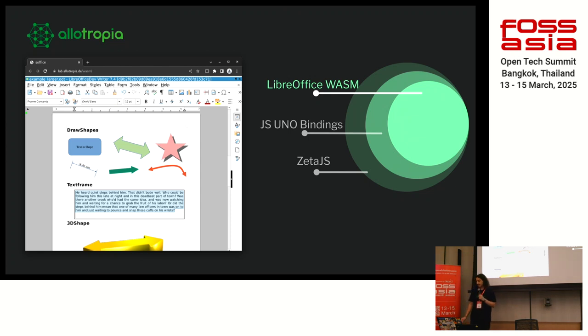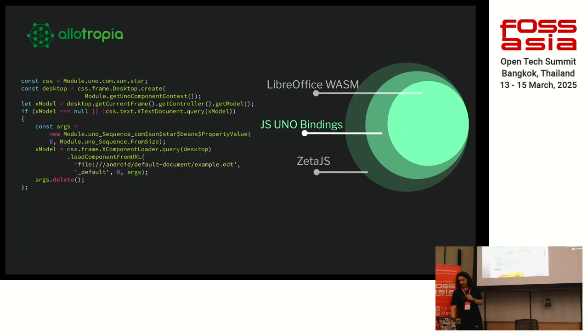Let's peel back the onion. LibreOffice WebAssembly in the middle. I'd like to show you an example of how the code changes if you use Zeta.js versus the UNO bindings bound to JavaScript by itself. If you look at these highlighted areas, there is a sequence of property values, and it's this huge string.